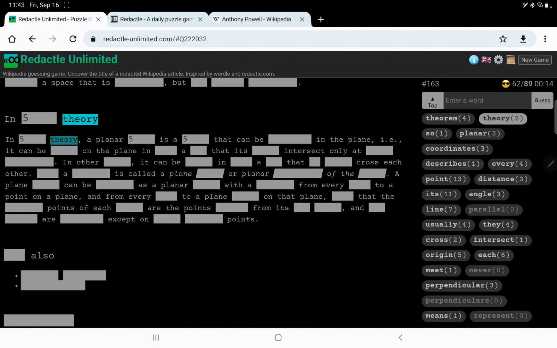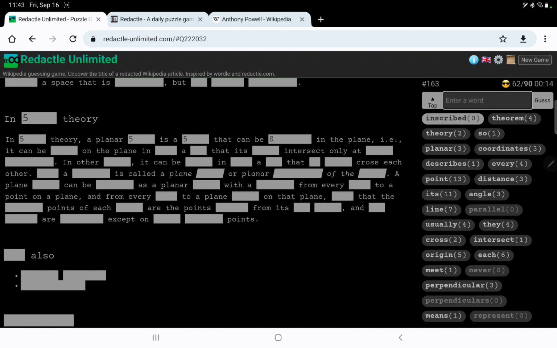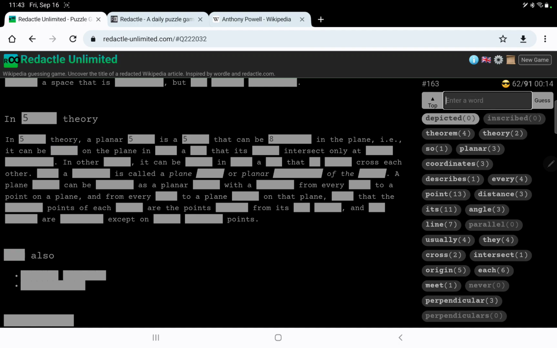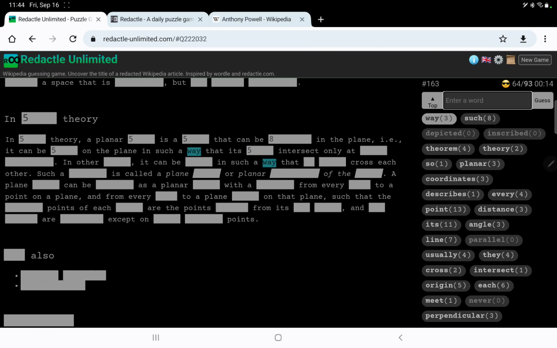What is that theory? A planar something is a something that can be, I'm thinking, inscribed. No, that's taken. Can be depicted. No. I.e. it can be something on the plane in such a way that it's something intersect, so is it lines?